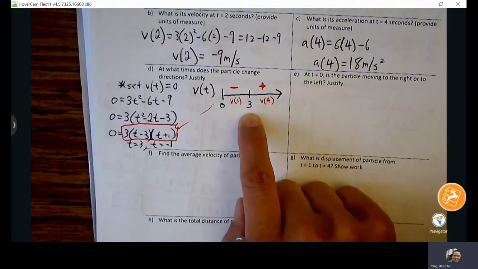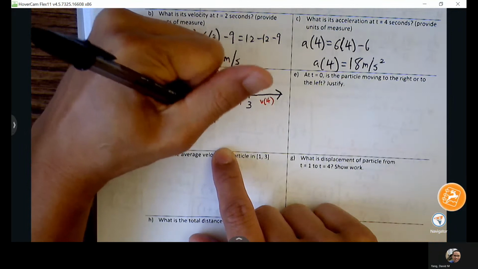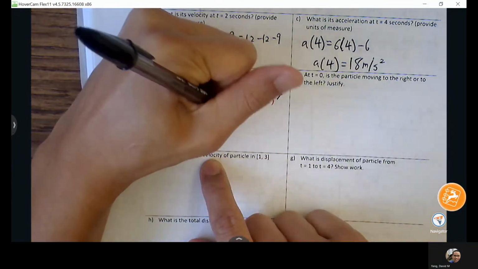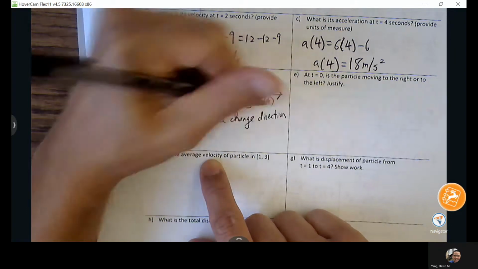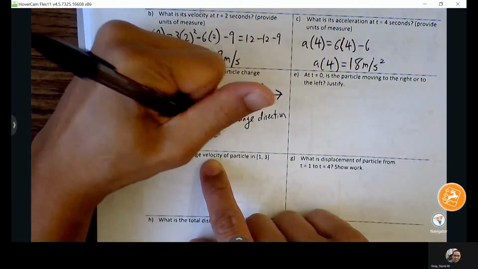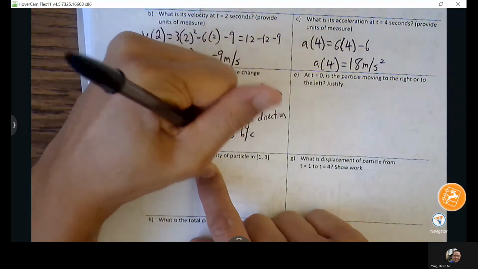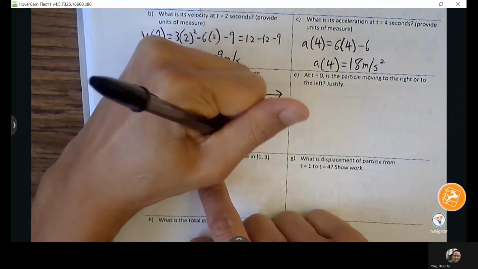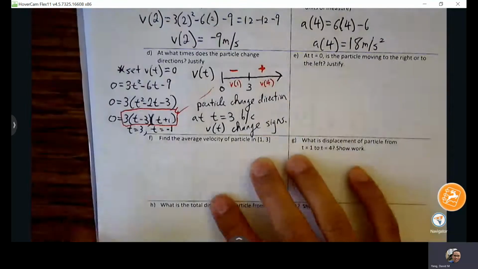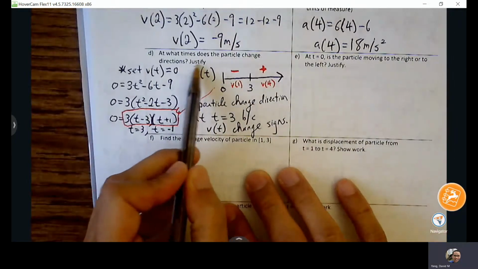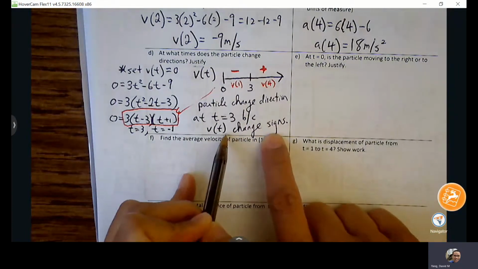That's a change in direction. When I say the word justify, or if I ask why, then I'm looking for a because statement like this.